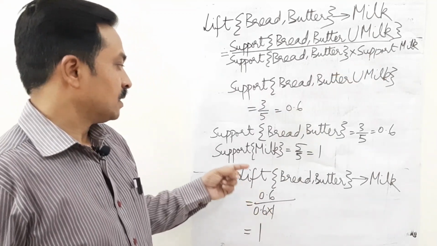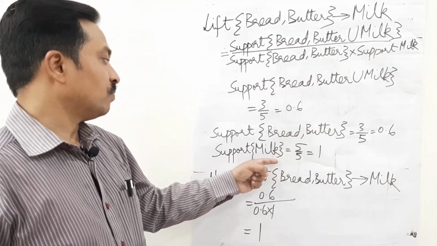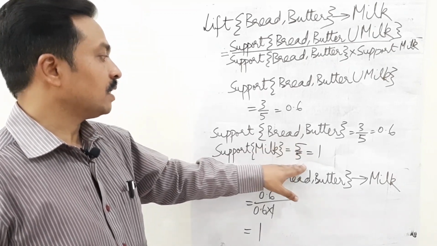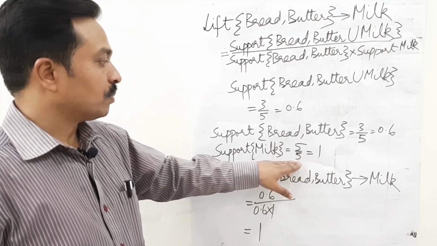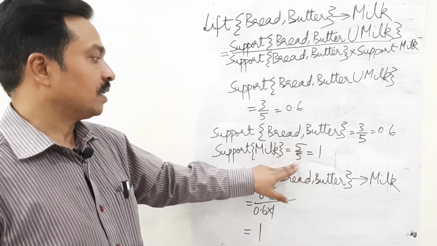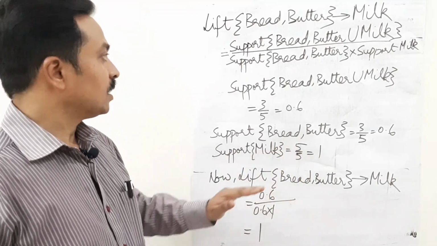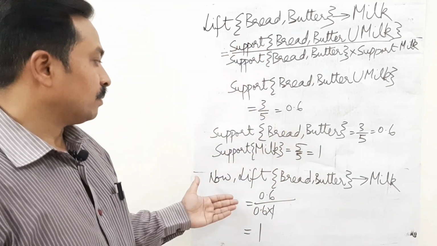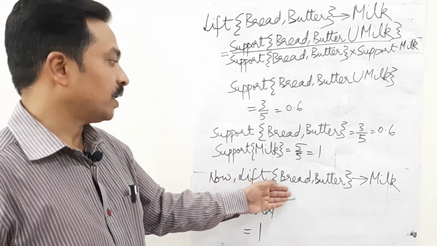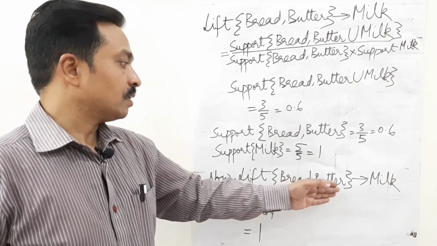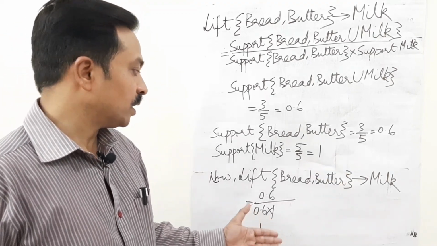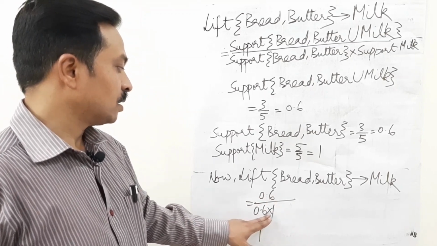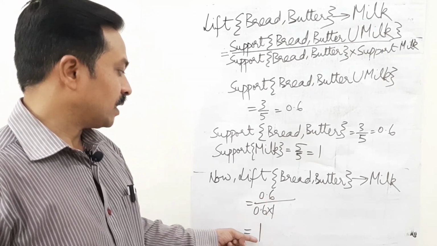Support for milk would be equal to the number of rows containing milk divided by the total number of transactions, that is 5 divided by 5 equals 1. Now putting every support in this formula, lift of bread butter intending to milk equals 0.6 divided by 0.6 into 1, it comes as 1.